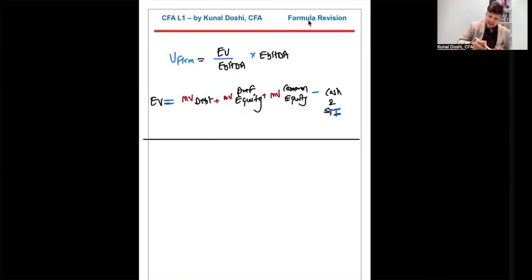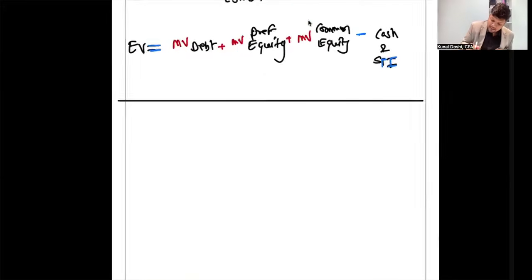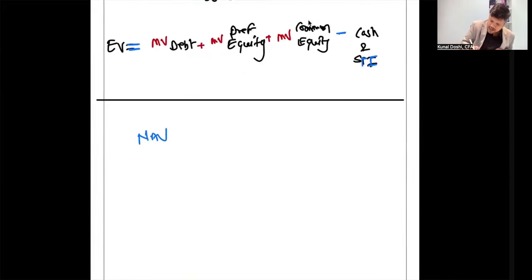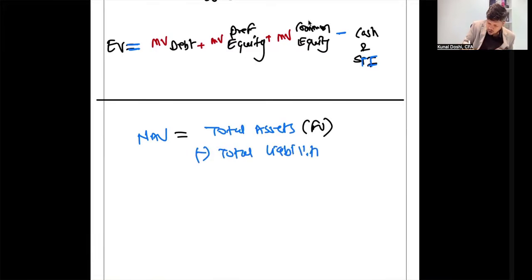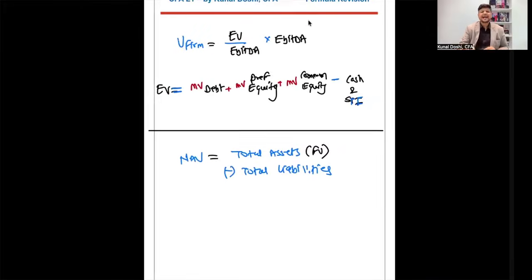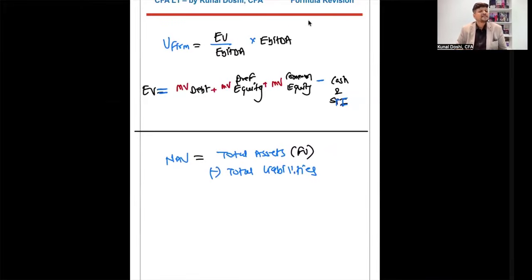Finally, the NAV based approach. Guys, in the NAV based approach, we take the total assets of a company, valued at fair value, minus total liabilities. And the difference is the NAV, net asset value of the company. This is the lowest valuation amongst all the three valuations.